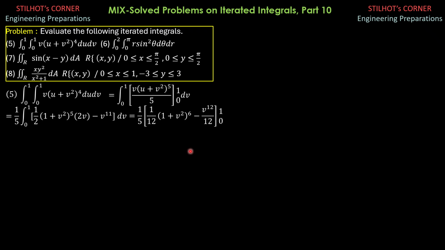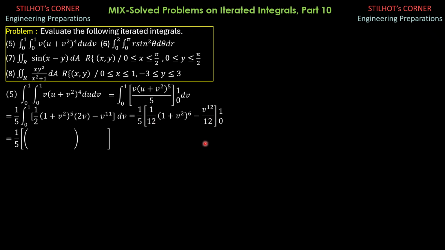So substituting upper and lower limits, this is 1 plus 1 square, so 2 to the 6. 1/5 times 1 over 12 times 2 to the 6, minus 1 to the 12 over 12, which is still 1 over 12. Then substitute lower limits, so minus 1 over 12 times 0 plus v square raised to 6, so that's still 1 over 12. Then this is 0, so minus 1 over 12.